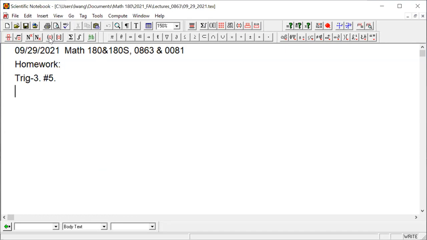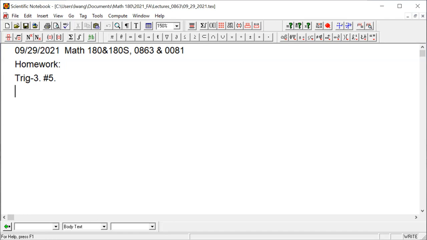Okay. So what we have here is a triangle, right? It works in a right triangle. I typically would like to do the following.